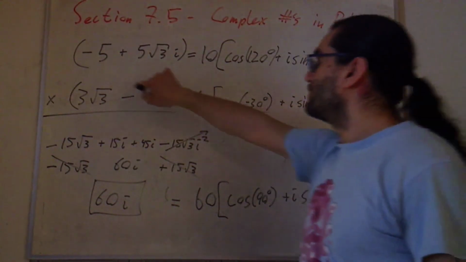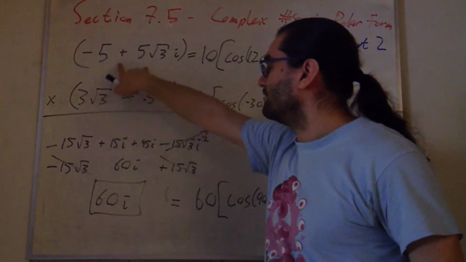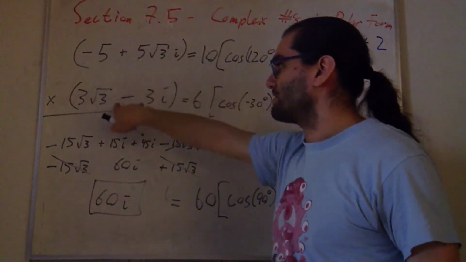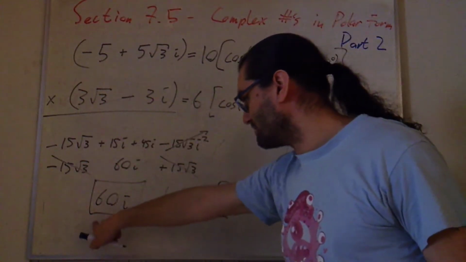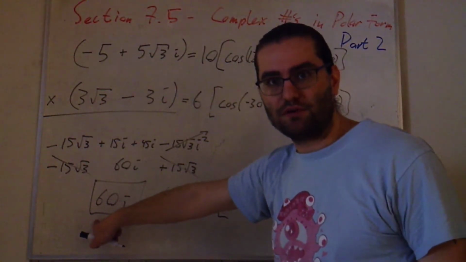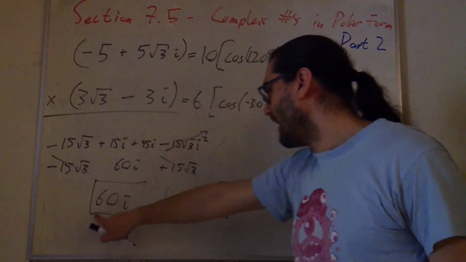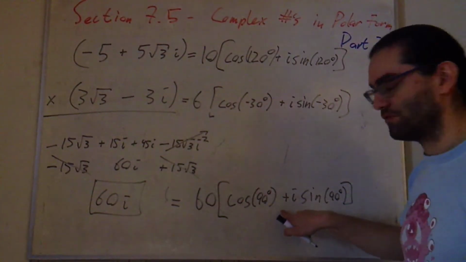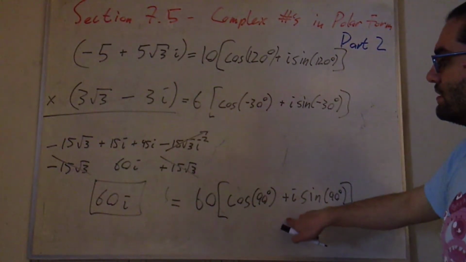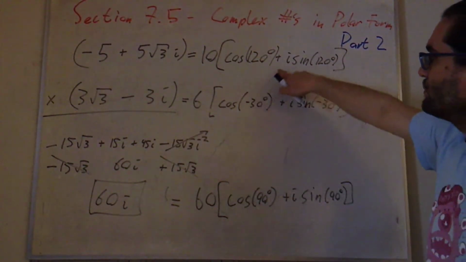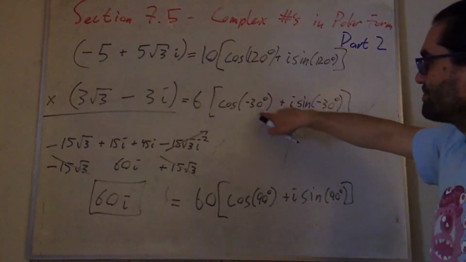So this is me multiplying two complex numbers in rectangular form, simplifying it out to get a new complex number still in rectangular form, and then converting that into polar form. But I want to talk about multiplying these numbers in polar form.